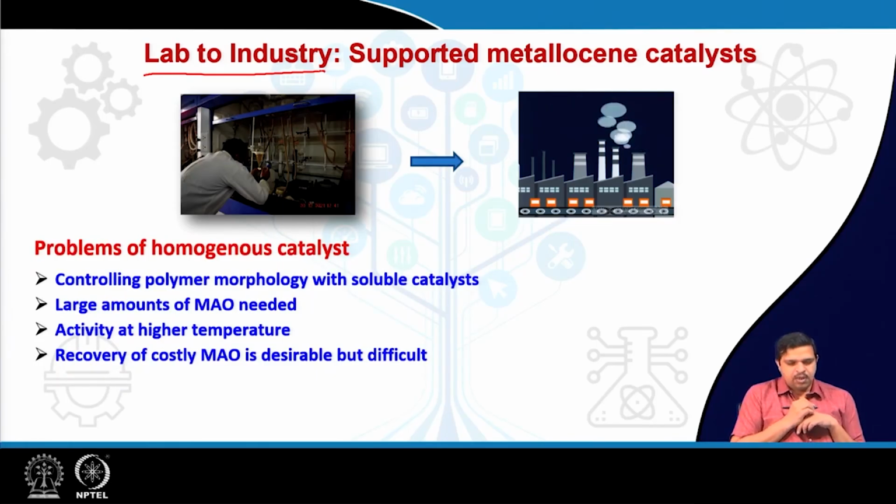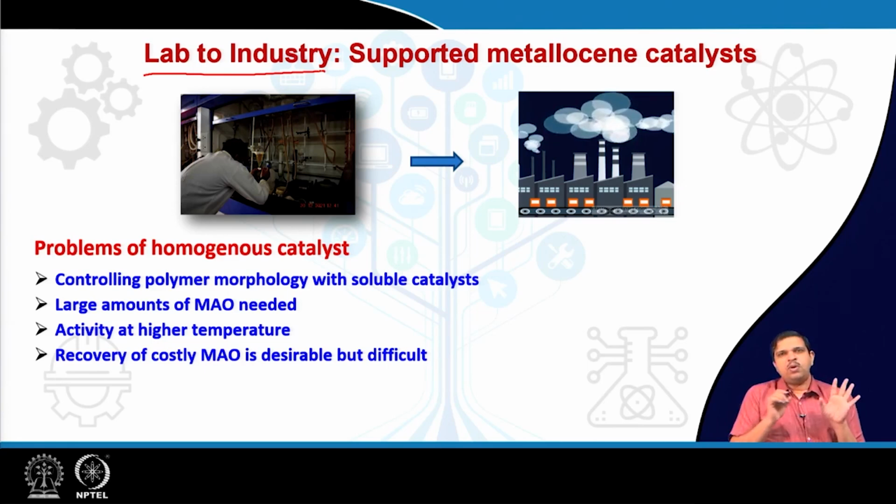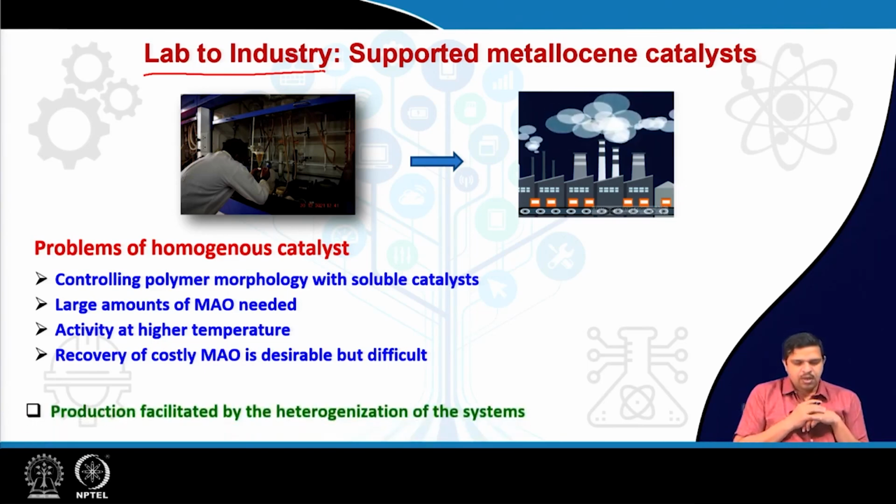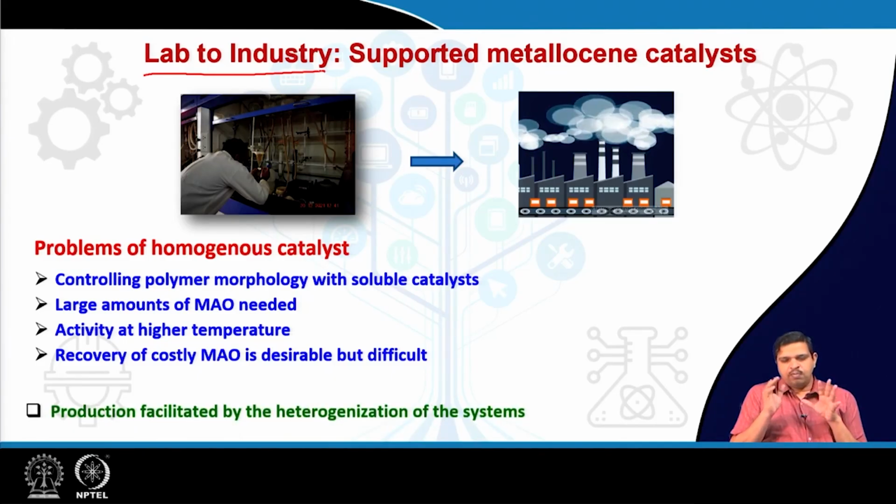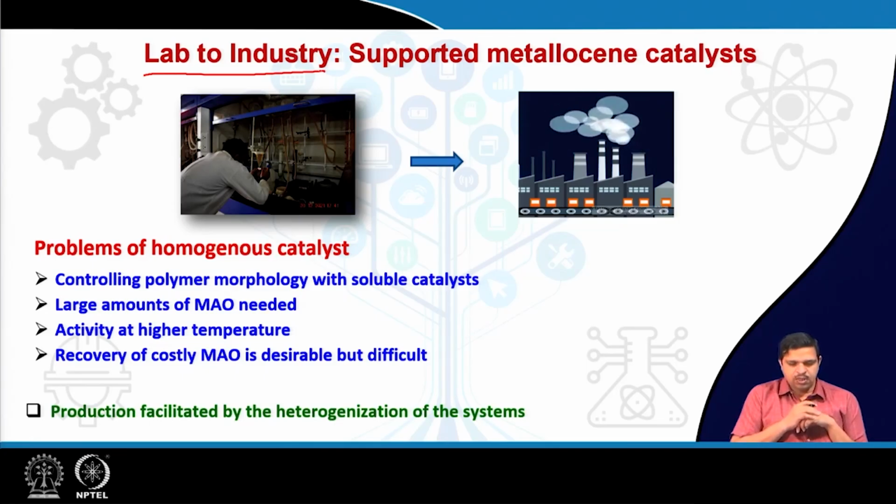And we are now very familiar with the advantages and disadvantages. I will not go into more detail, but for the metallocene based catalysts, there are some specific problems in homogeneous systems, like controlling polymer morphology with soluble catalysts, which are very active catalysts. Sometimes it is difficult to control their reactivity. Large amounts of MAO needed, that is another big disadvantage.